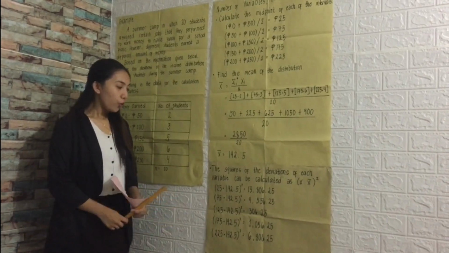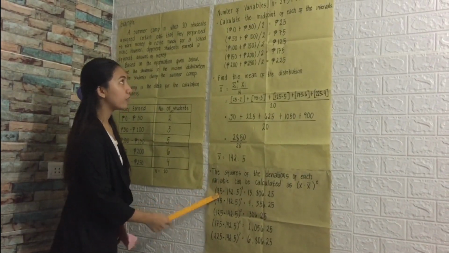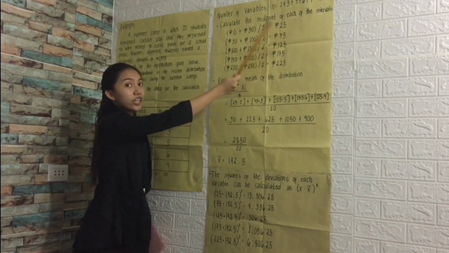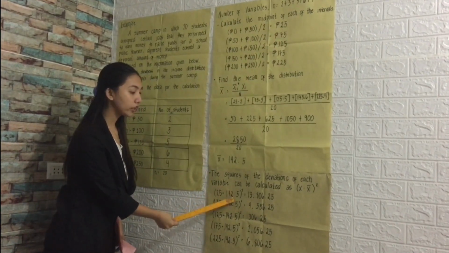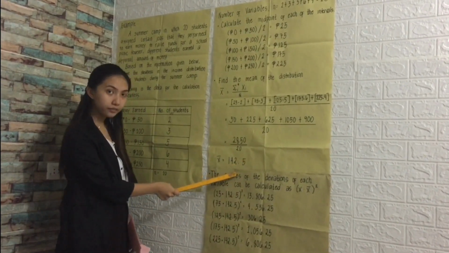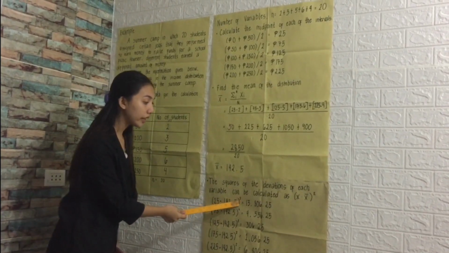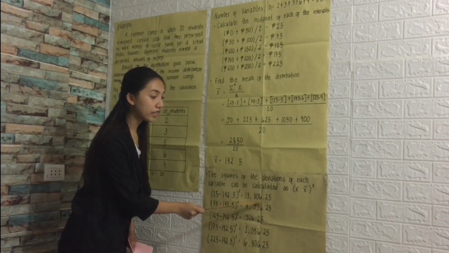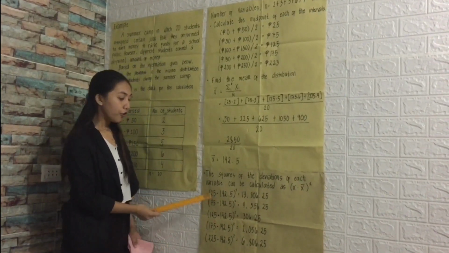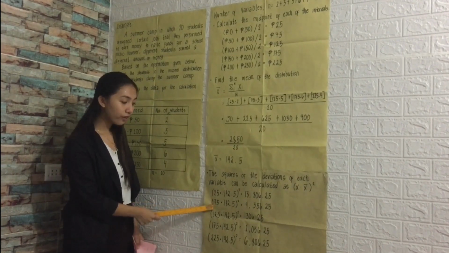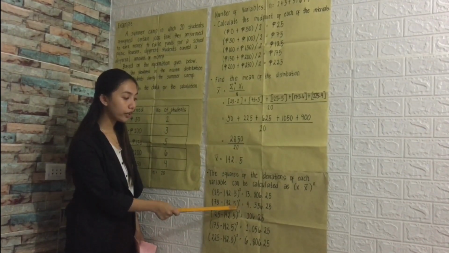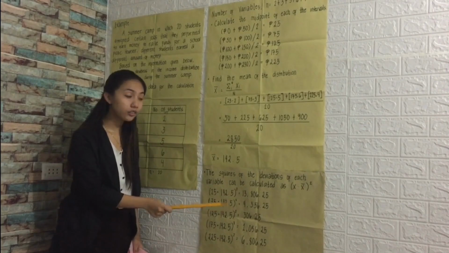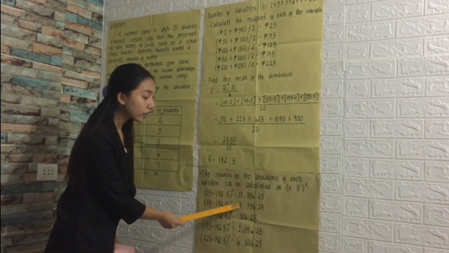So now, we have 25, the first midpoint that we can find here, minus 142.5, which is the mean, equal to 3,562.5, and we will square it, which is equal to 13,806.25.